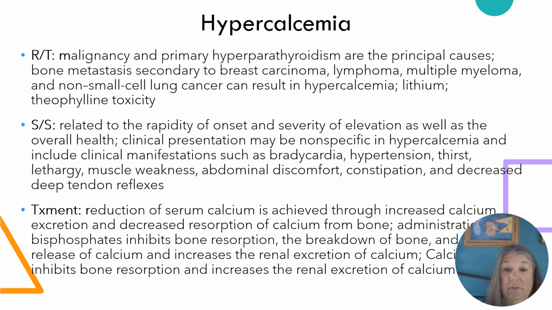So signs and symptoms, we may have bradycardia, hypertension, thirst, lethargy, muscle weakness, right? Because calcium normally keeps things in check. Now we have too much, so it functions a little bit like magnesium that way. In that too much calcium, we're going to be lethargic, our muscles are going to be weak, right?